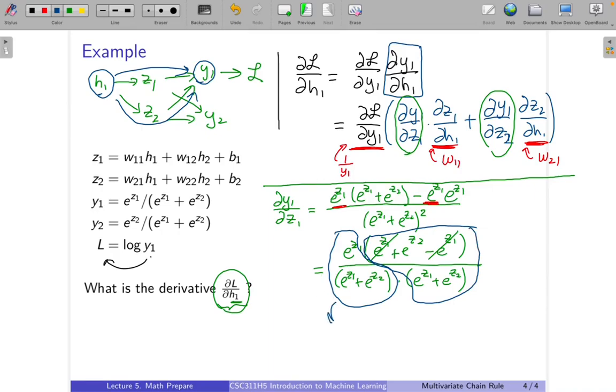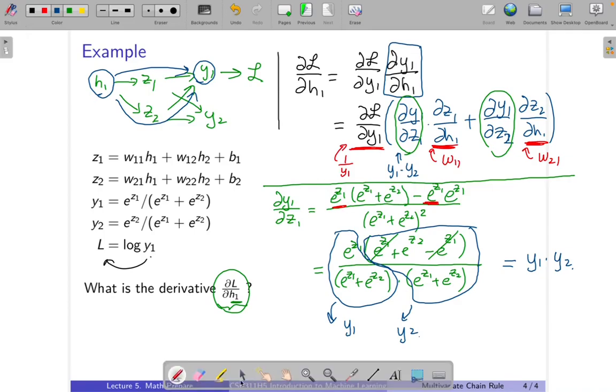We can see that this part right here is just y1, and this part here is just y2. So this entire product is just y1 times y2.